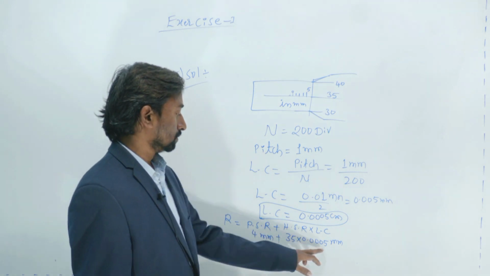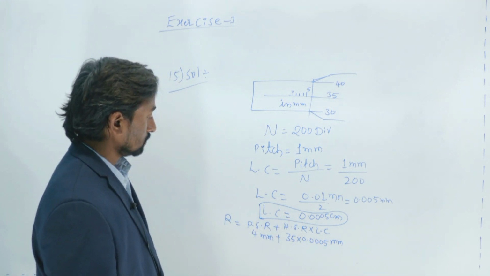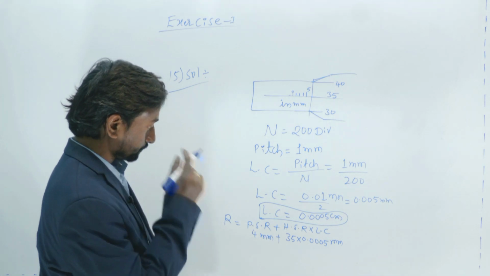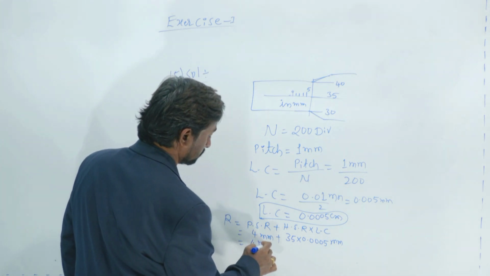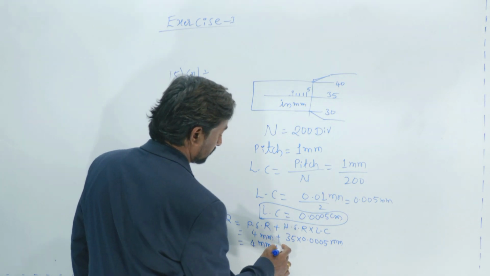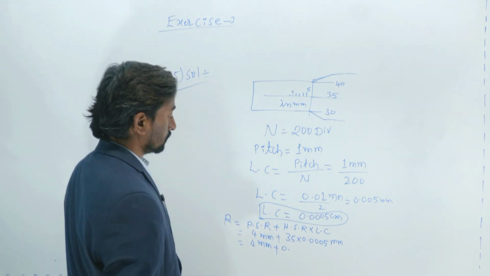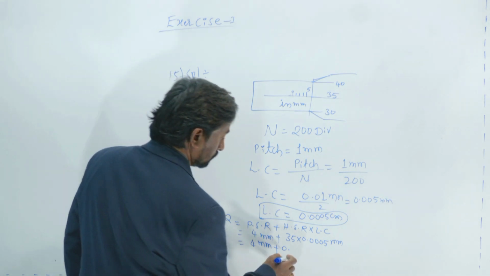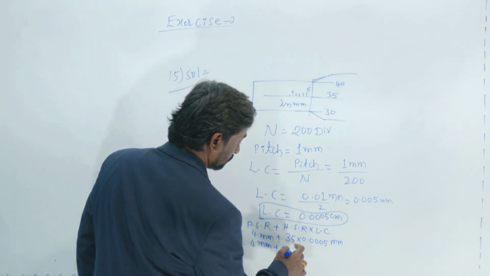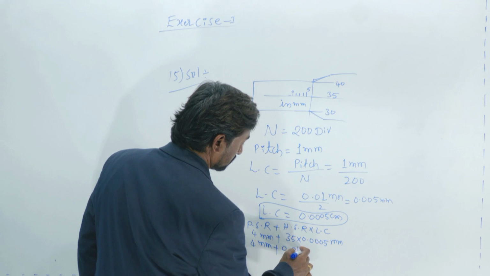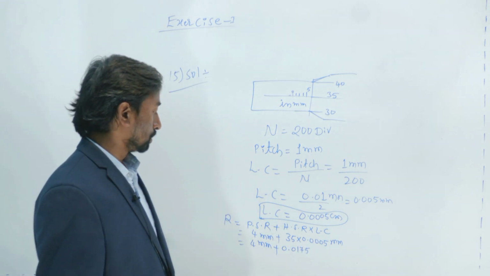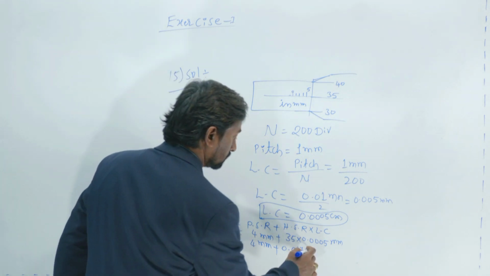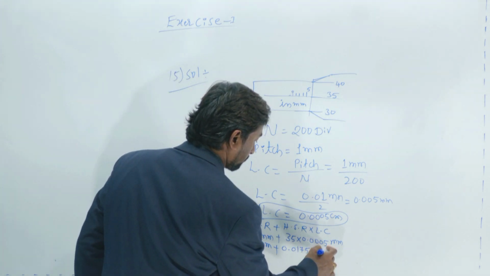So 25, 17, no? So this will become 4 mm plus, so we'll get here 0.0175 mm.